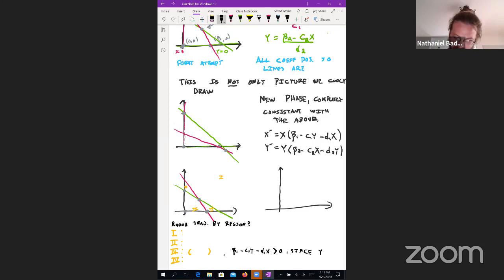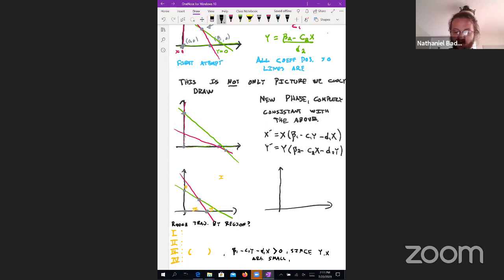Since these guys are small. They are small. In this case, though, specifically, region 3 is the region where this holds, right?